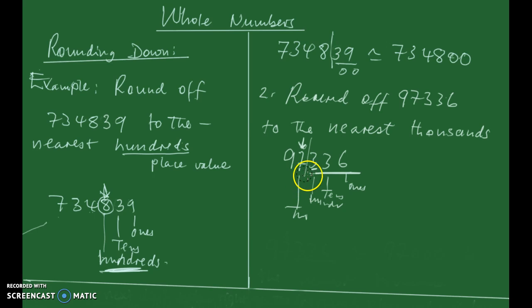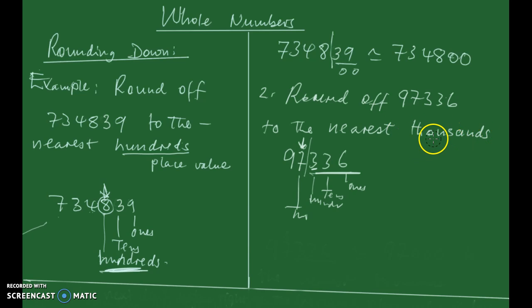In 97,336, 6 is ones, 3 is tens, another 3 stands for hundreds, and 7 here stands for thousands, and that's where we are. We are rounding to the nearest thousands.